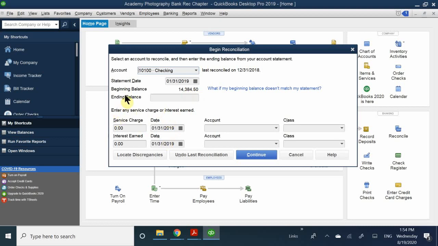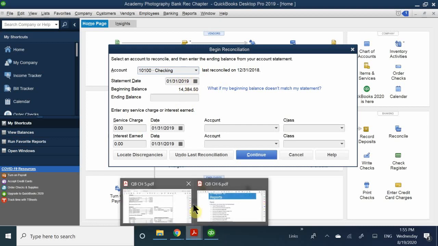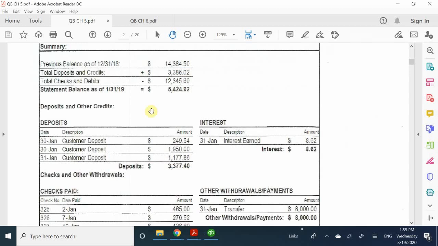Now it's going to ask you, well, what is your beginning balance? So this is where it's going to ask you to type in how much you started out with. And in this case, you want to make sure that this number here matches your statement, okay, at the top of here.